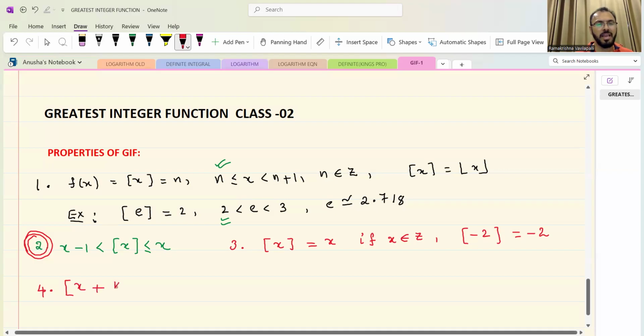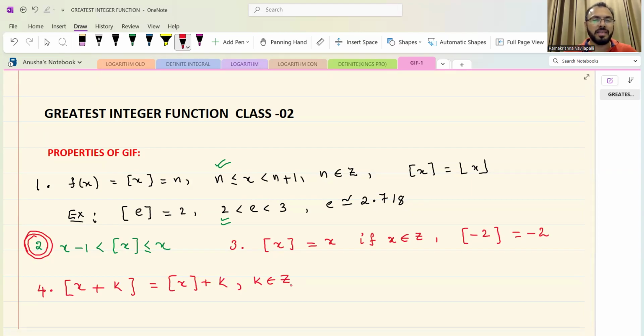The integral part of x plus k equals, we can bring k out if we know that k is an integer. If k is an integer, then the integral part of x plus k equals the integral part of x, plus k.